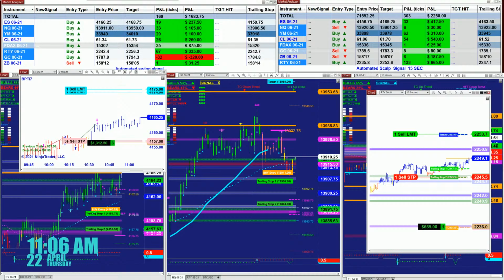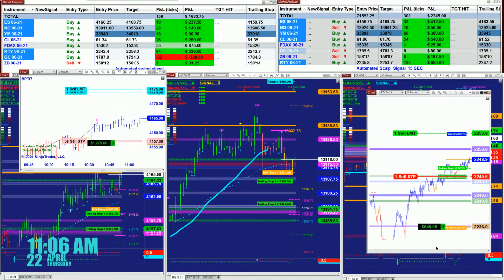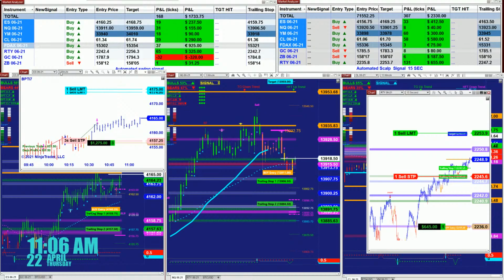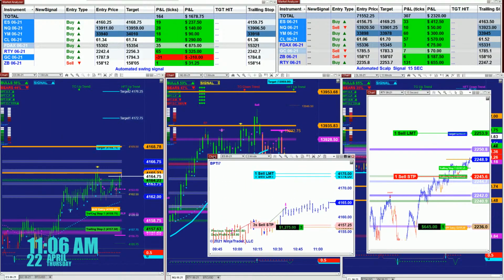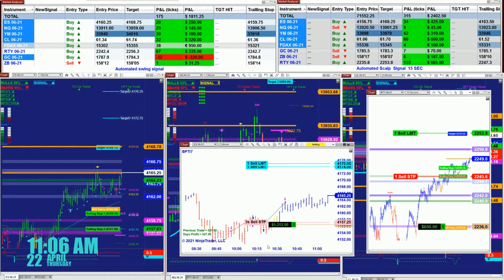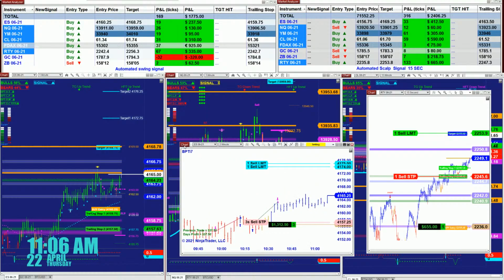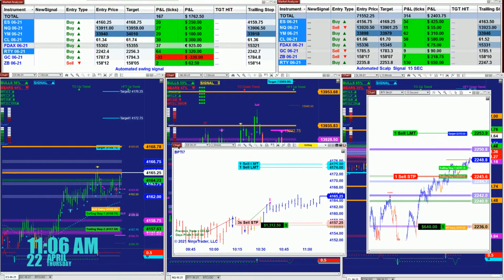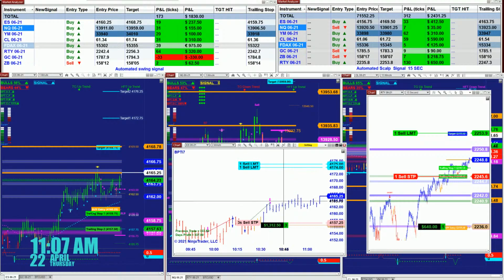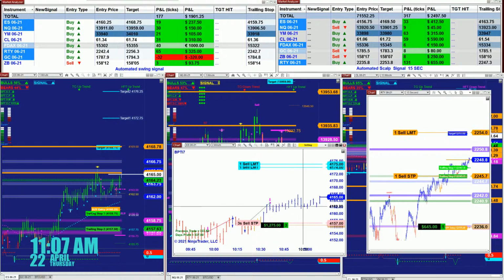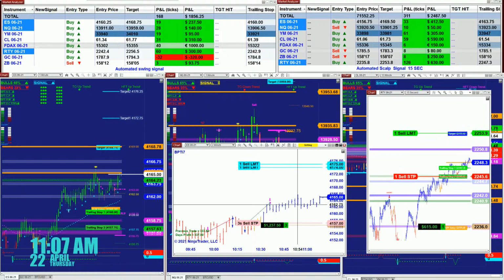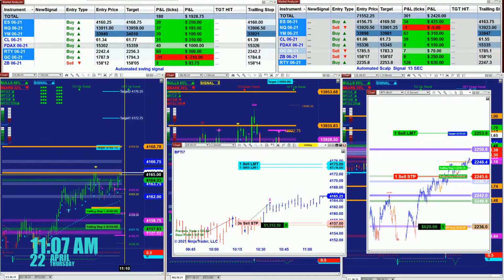Notice on the Russell, we've been on the same trade for over an hour and nothing is happening. Now on this auto trade, we're still in the same area for the last half an hour. Look at this. The same area, plus minus, somewhere around the 1,000, and we're not going anywhere with it because the ES is not going anywhere.